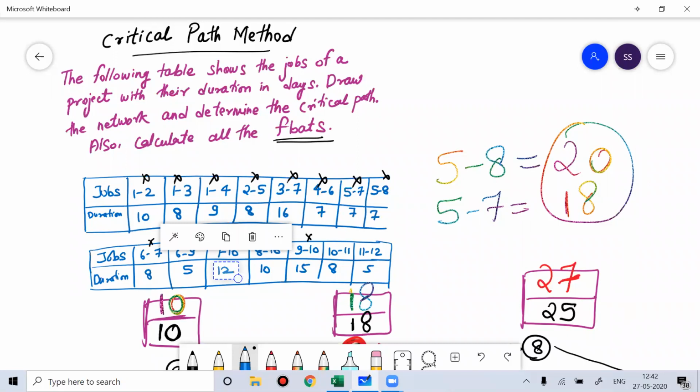Then we used backward pass calculation, going from right to left, and found the latest time at every node. With that we can calculate the critical path. Tomorrow we'll talk about the calculation of total float, free float, independent float, head event slack, and tail event slack.